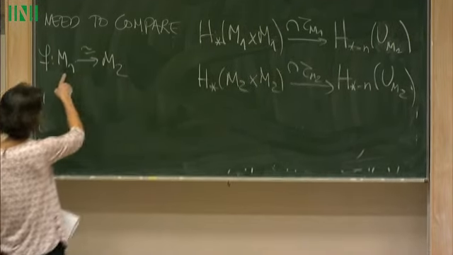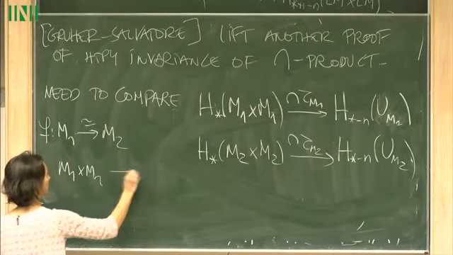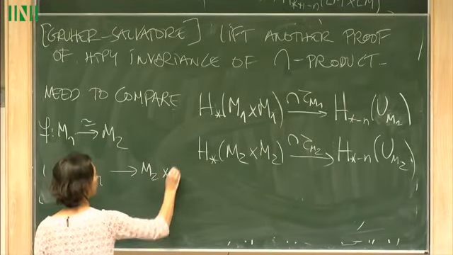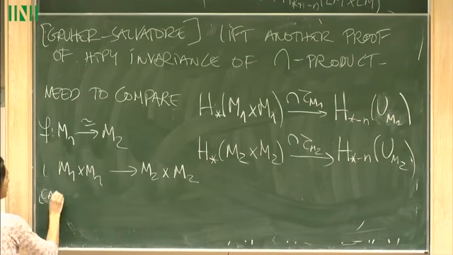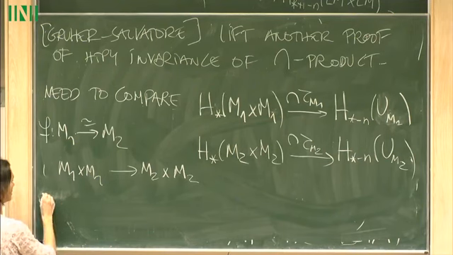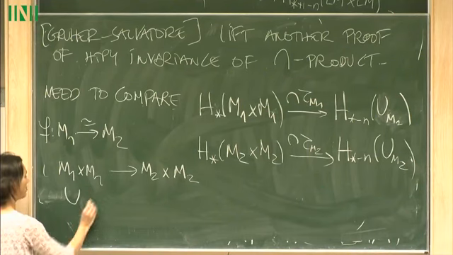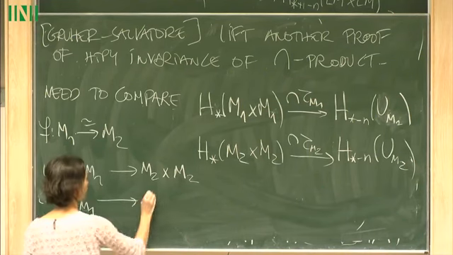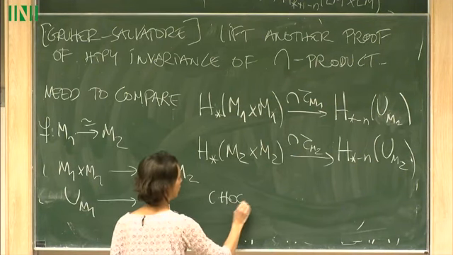Well, F maps M1 to M2, so it maps M1 cross M1 to M2 cross M2. And you can choose it so that U M1 goes to U M2, by choosing up to homotopy.